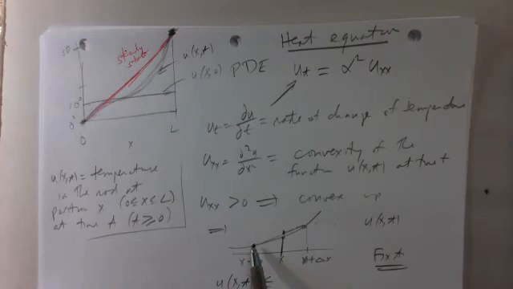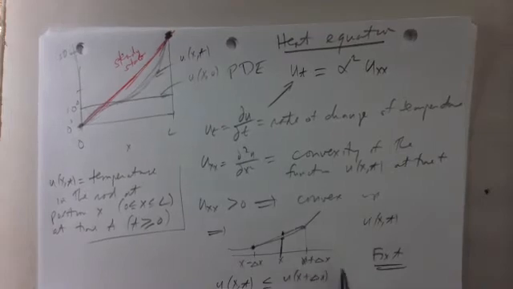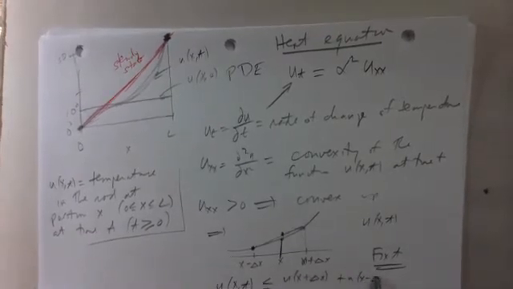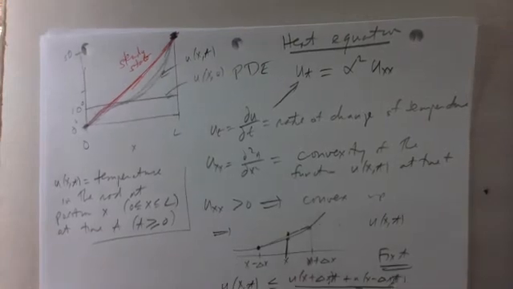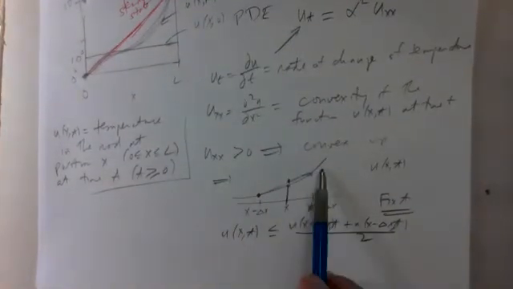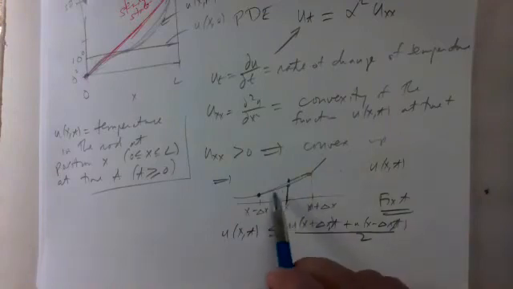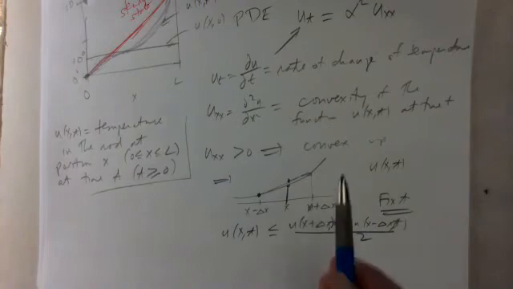This is the midpoint of the values here and here, the average rather. This is u of x plus delta x plus u of x minus delta x over 2, comma t. If I take the average value of u at these 2 points, that's what this is. So to say the function is convex up means that the graph of the function lies below the chord on any 2 points on the curve in that region where it's convex up.